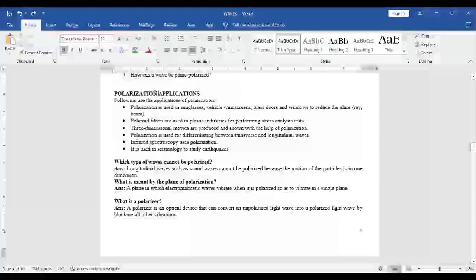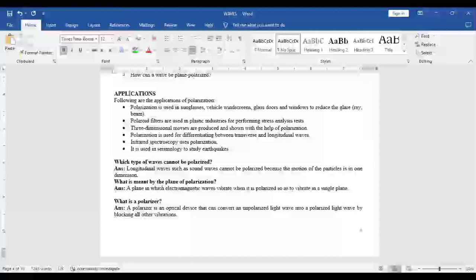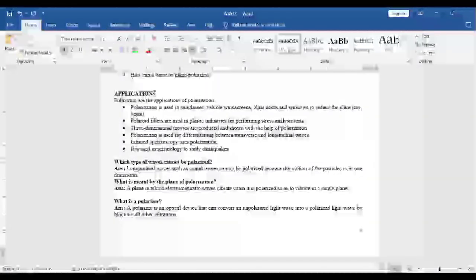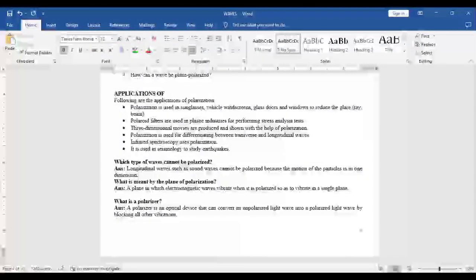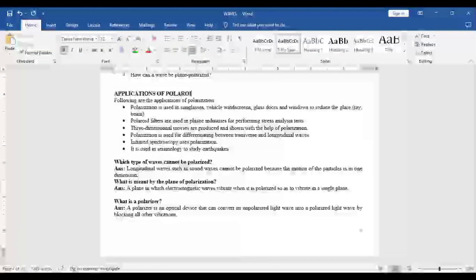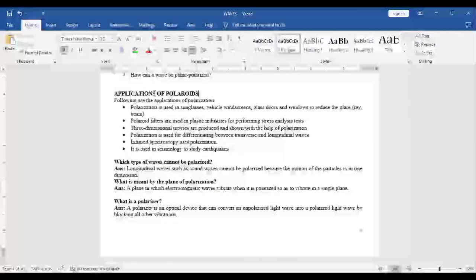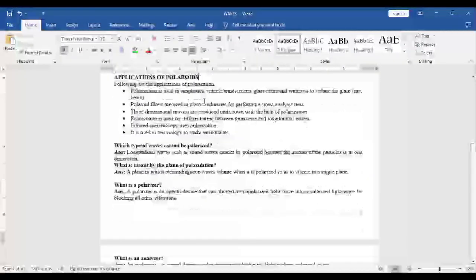I think that's the best term to use. Applications of polaroids. The following are applications of polarization.